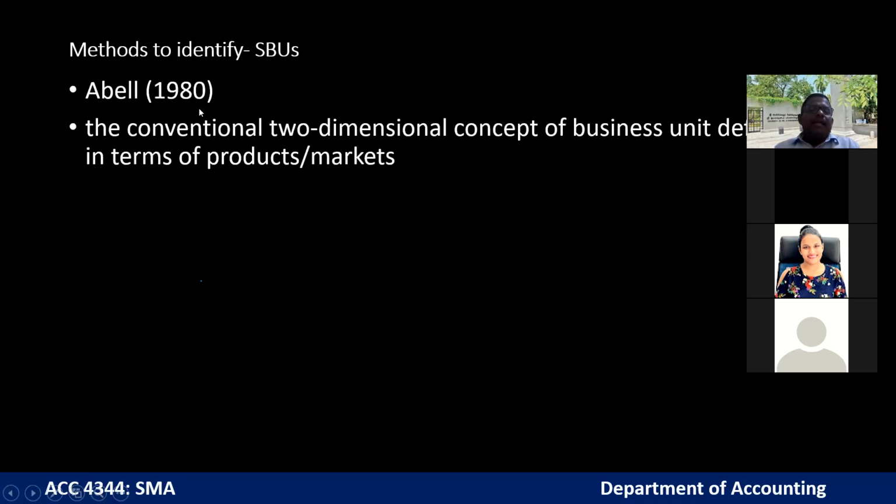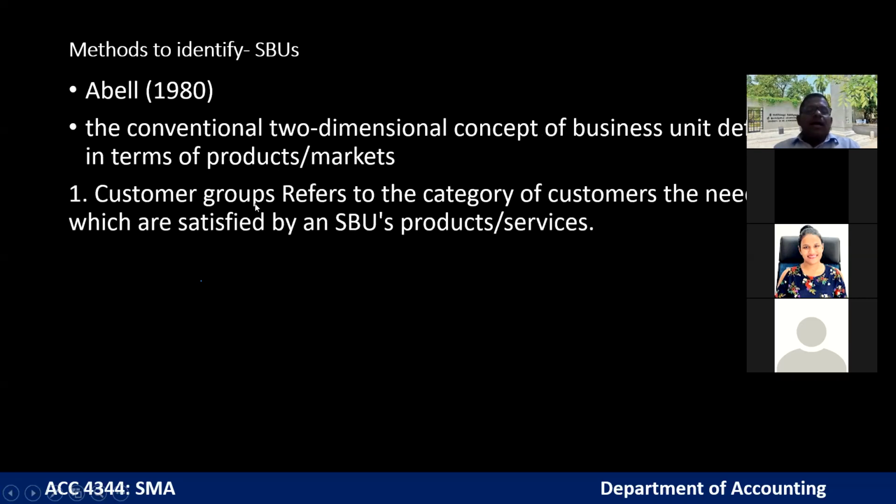Then Abell, 1980, another author: the conventional two-dimensional concept of business unit determines the product and market. Customer group refers to the category of customers whose needs are satisfied by the SBU's product or service. So you can look at your business from the customer group and, based on that, define the SBU.